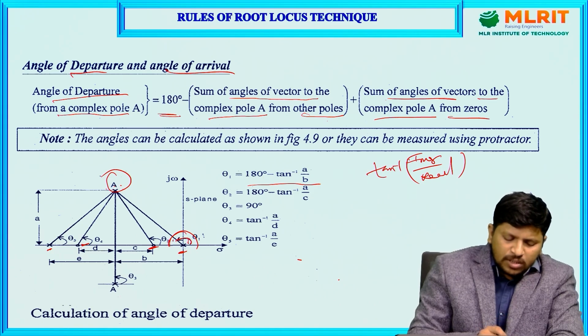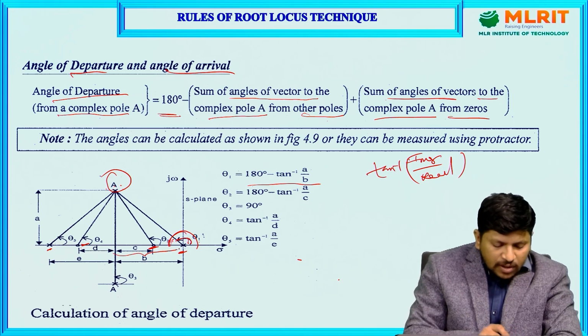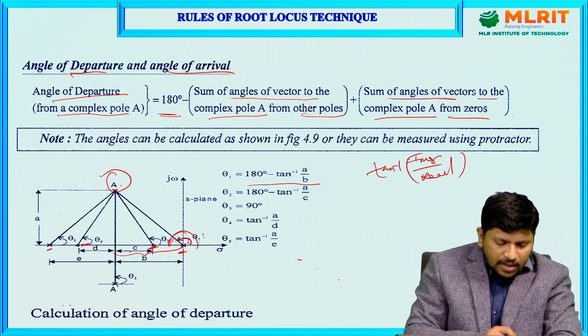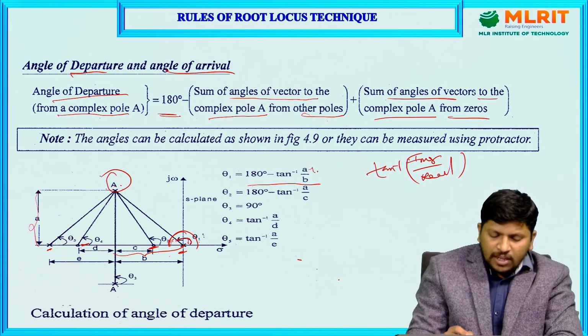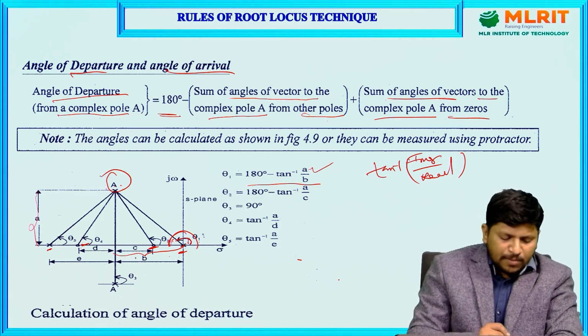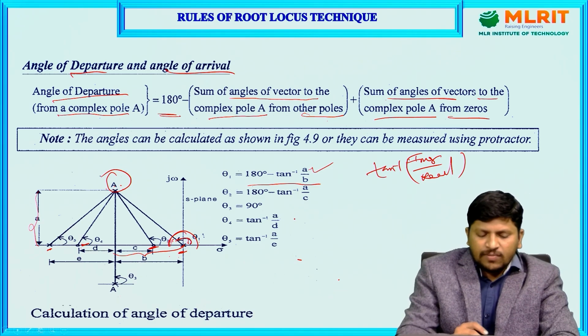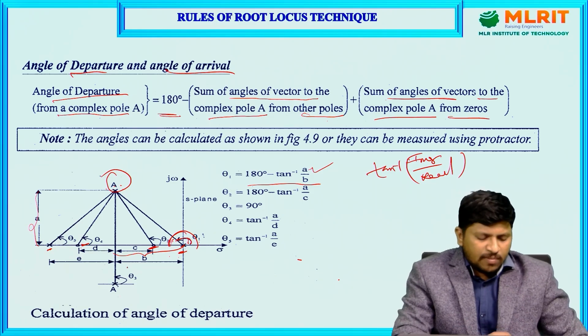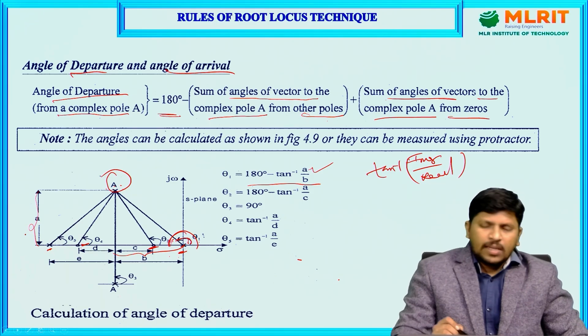So 180 degrees minus tan inverse of, from here to here b is real and a is imaginary. So a by b from here to here total. Theta 1 calculation: 180 degrees minus tan inverse of the imaginary part divided by the real part.